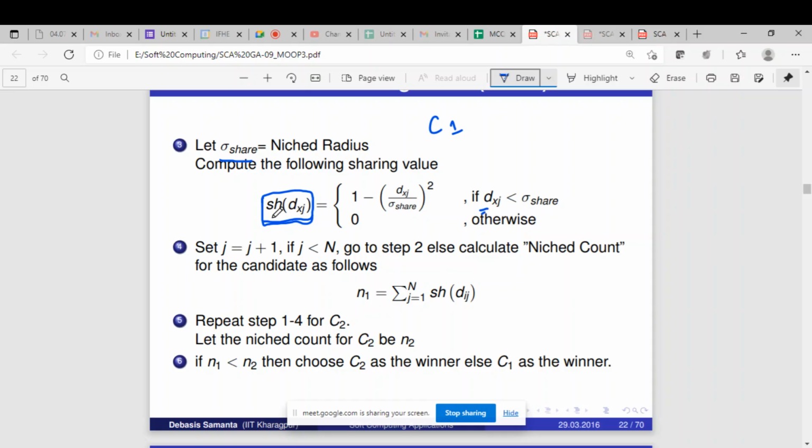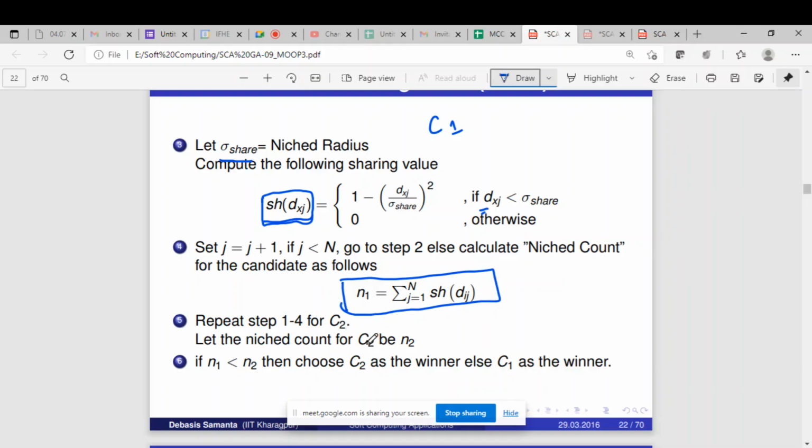So we will get many sh of dxj. After n iterations are done, we calculate n1. n1 is nothing but the sum of all these sh of dxj. So this is for c1. Similarly, you have to do the same for c2. The same thing we should repeat for c2.